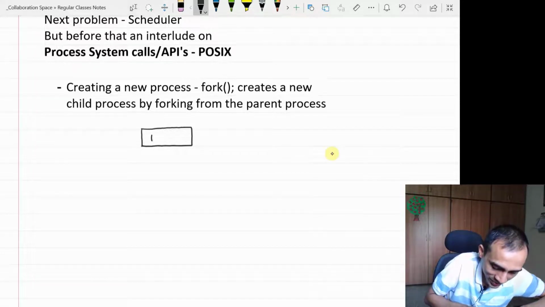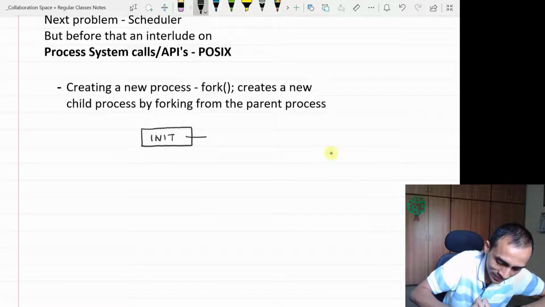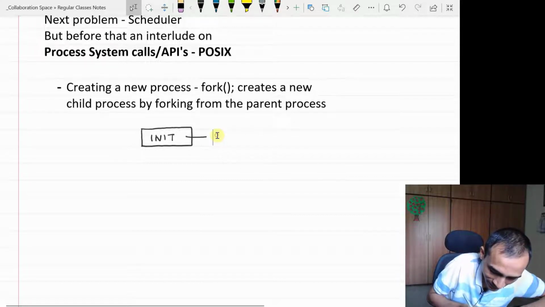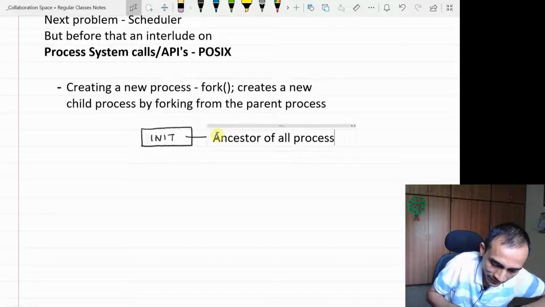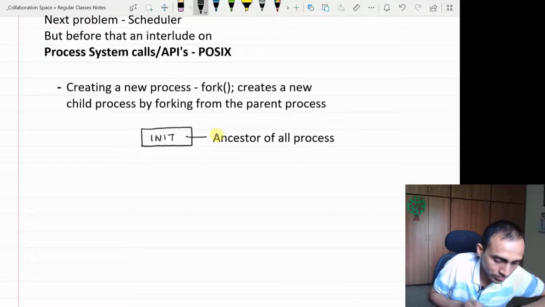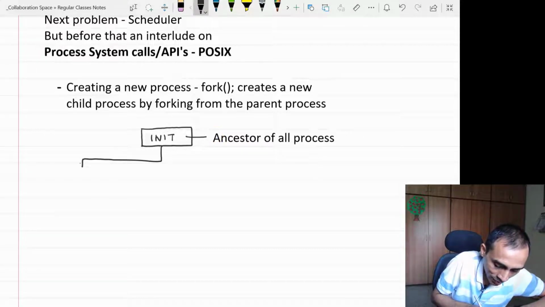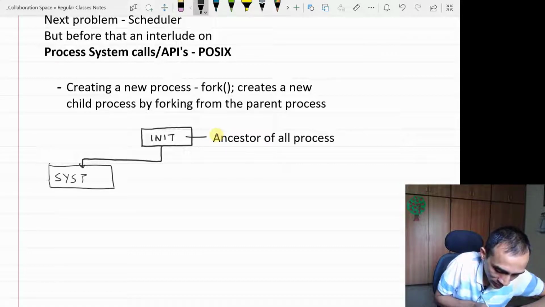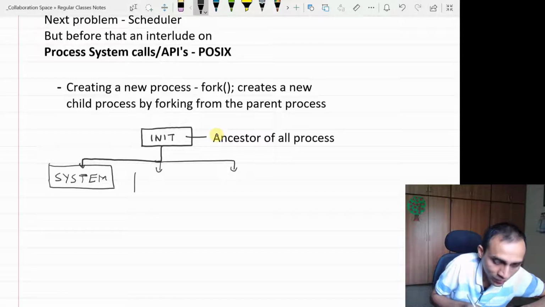The init process is the ancestor of all processes. This init process creates several child processes for different purposes. If a system process has to run, it forks into a system process. Then for users, it will fork into another child process meant for users, and so on.